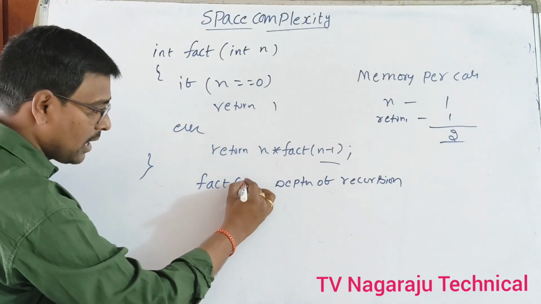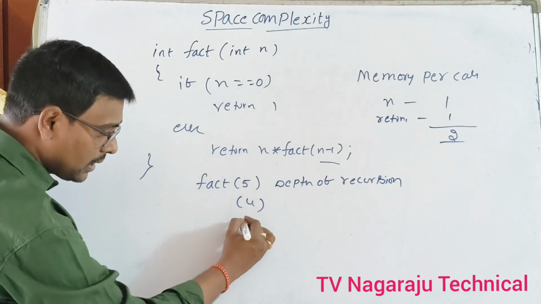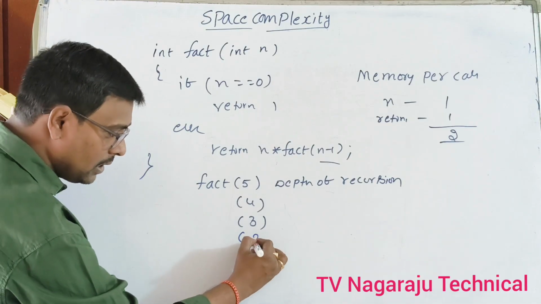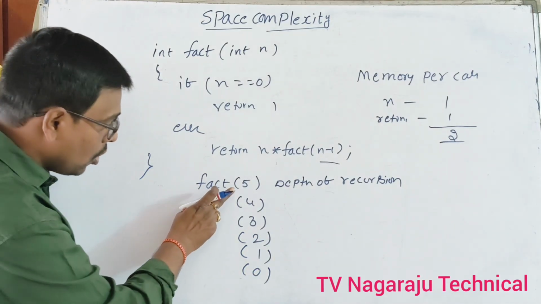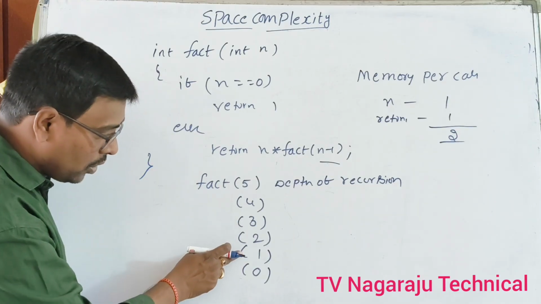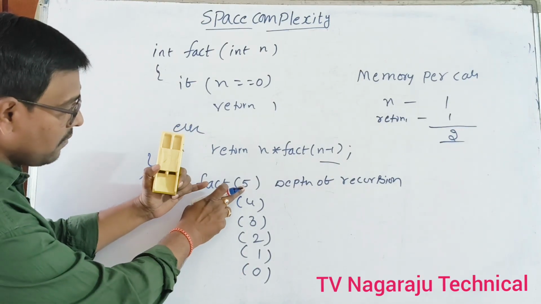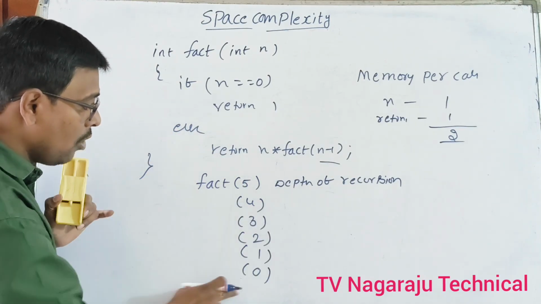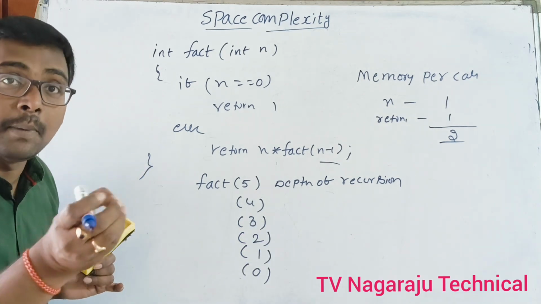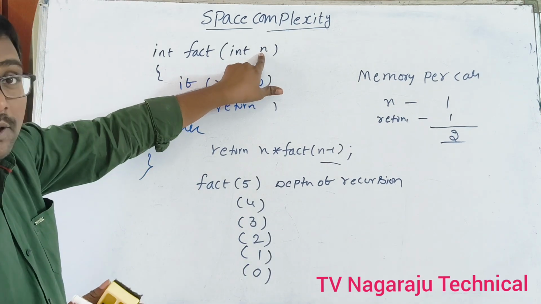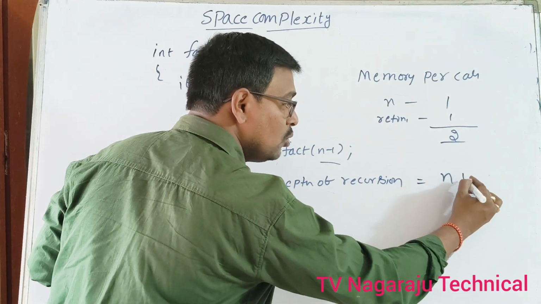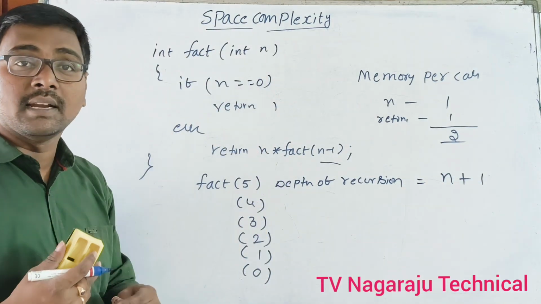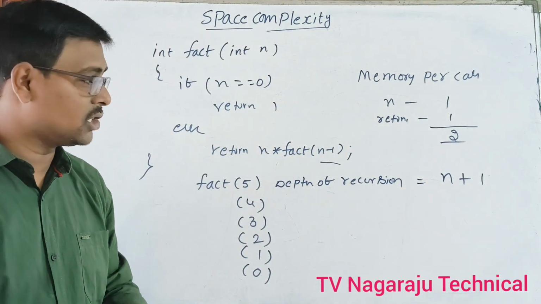First we call fact of 5, fact of 4, fact of 3, fact of 2, fact of 1 and fact of 0. That is 6 calls. So if n is equal to 5, we are calling 6 times. So for n, the number of recursive calls is n plus 1. That is the depth of recursion.